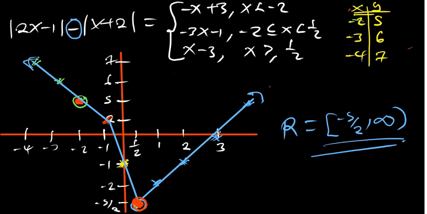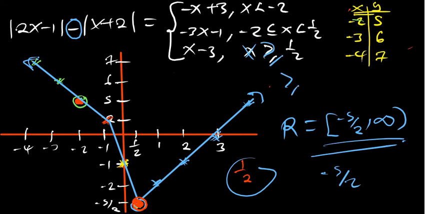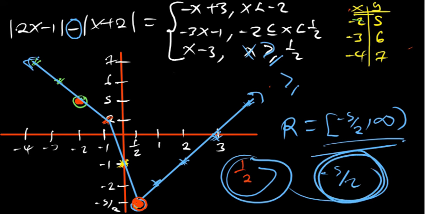For the range, we had a point, half, which was giving us negative 5 over 2. Since x is greater than or equal to half, this half is included, meaning even the y I'm going to plug in here is also included.